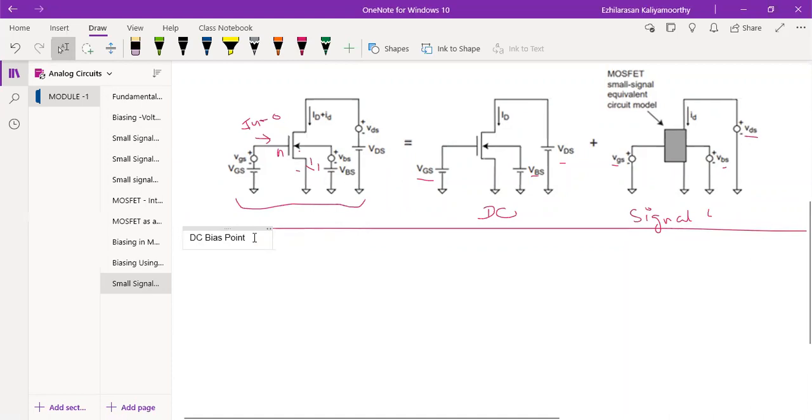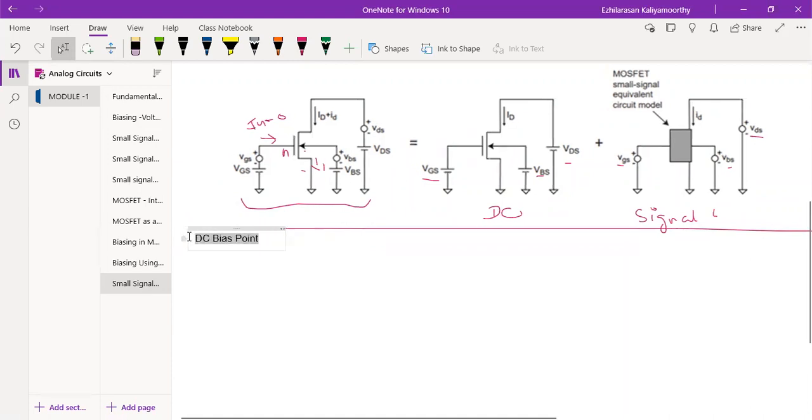For the DC bias point, the DC bias current ID we can find by setting the signal VGS to 0.